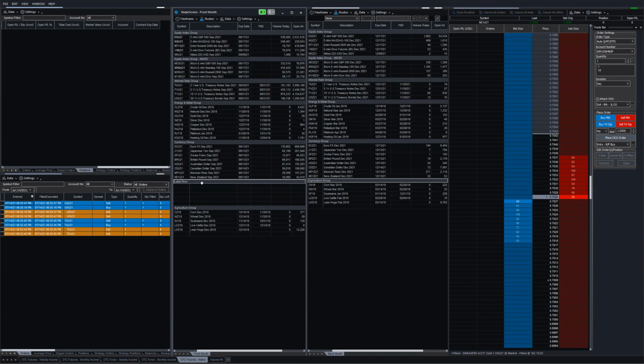So I put them in one group. Currency group mini slash micro. The same here.